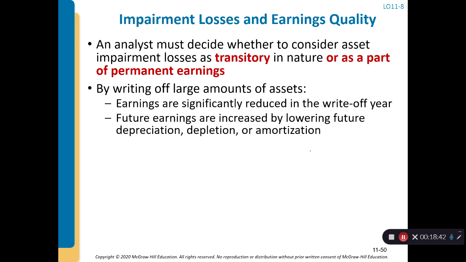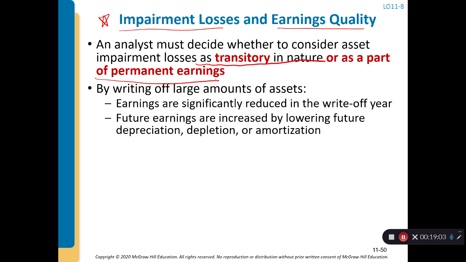Now we want to talk a little about the relationship between impairment loss and earnings quality. An analyst must decide whether to consider asset impairment losses as transitory in nature or as part of permanent earnings.